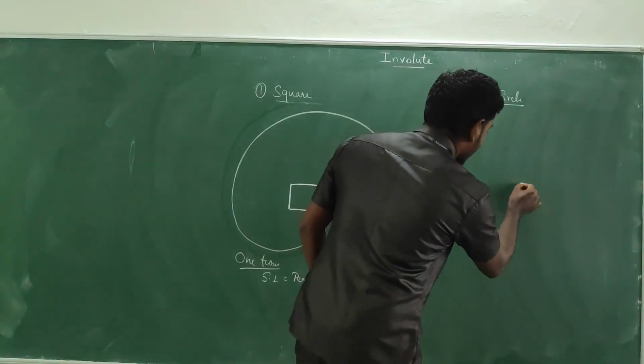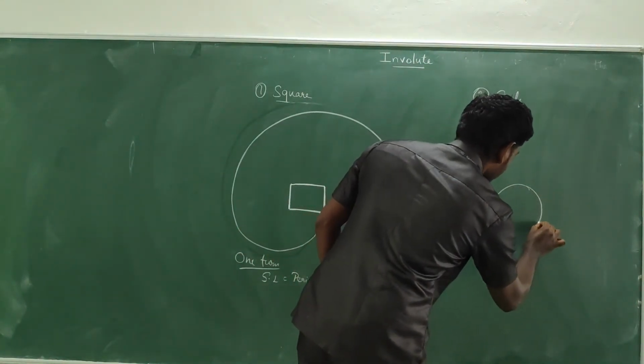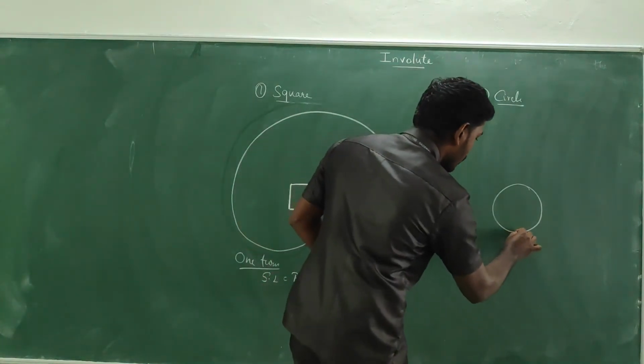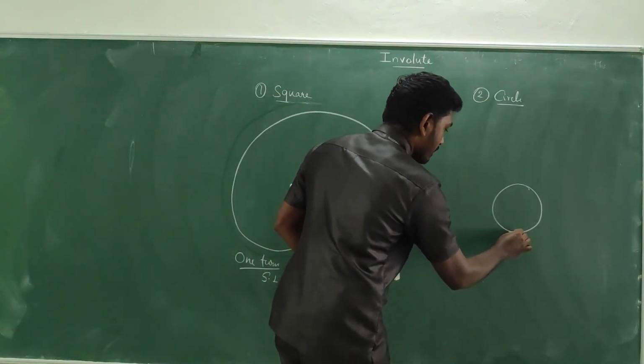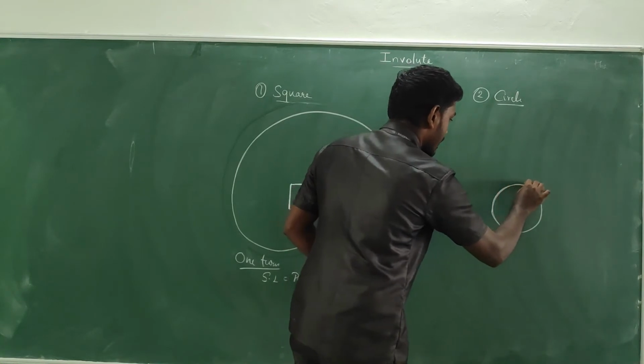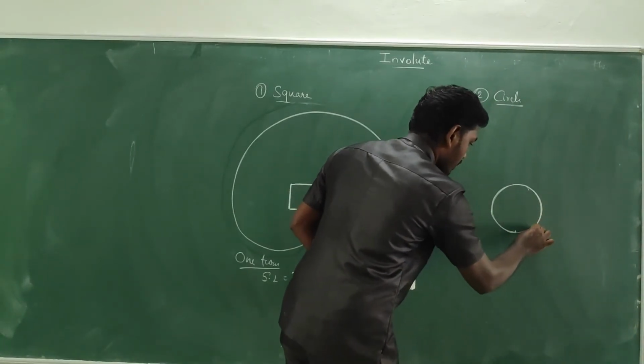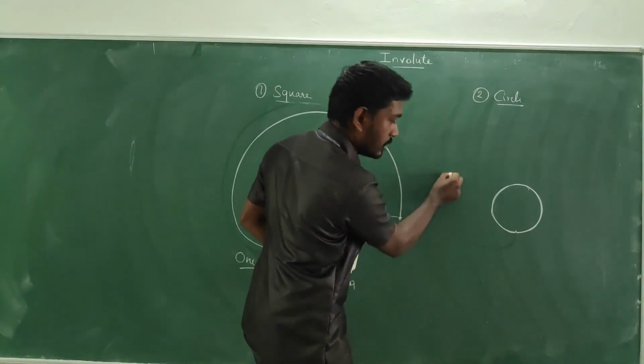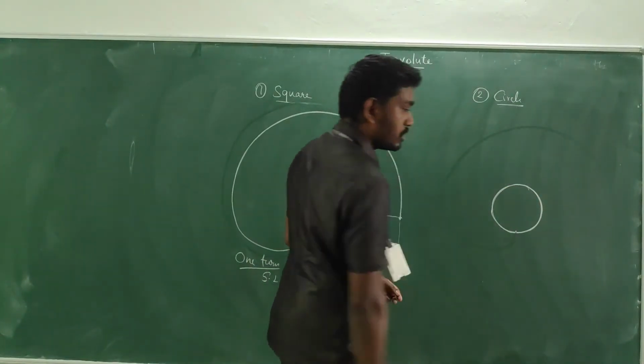So if it is a circle object, and I wind for one complete tan, from here to here, and if I peel it from the end, it traces like this, right?